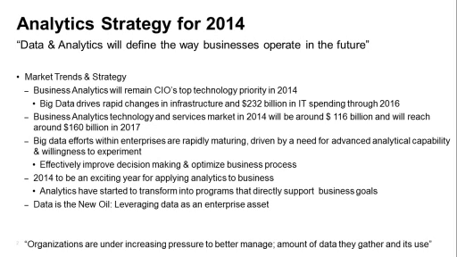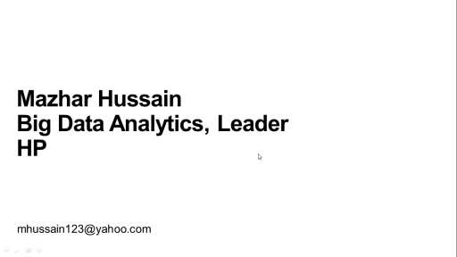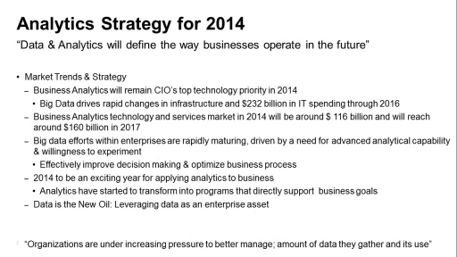So market trends: in terms of business analytics, it will certainly remain the CIO top priority in technology in 2014. And big data will be rapidly seeing changes in infrastructure.